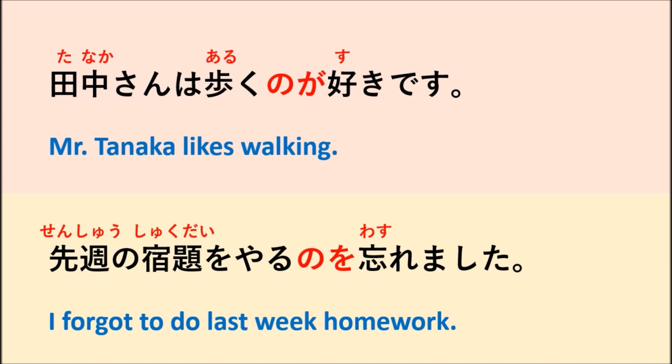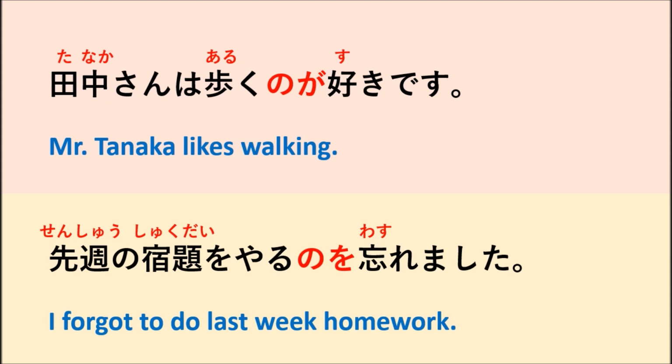For example, in the first sentence, there's no ga suki. That means you want to explain by using an adjective, and use that adjective to explain the first part of the sentence. And for the second sentence, no o wasuremashita. That means after no o it must be a verb. Wasuremashita means you forgot, right?